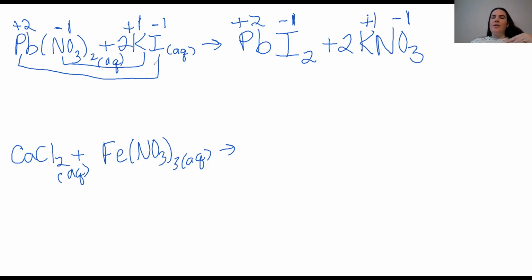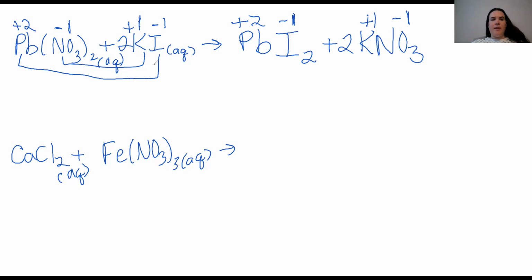Okay, as I said, we're going to do the state symbols, but we'll do that after we go through both of these reactions. So try this second one on your own, and I'll put that up in a second.